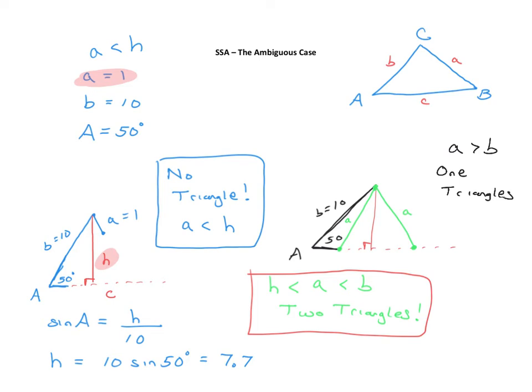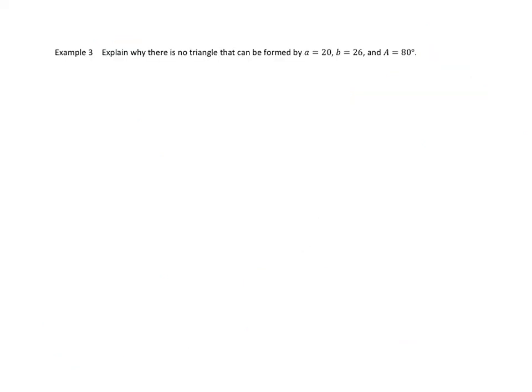Now this is fairly abstract, and I think it would be helpful to look at this in a couple of examples. So here in example 3, explain why there is no triangle that can be formed by a side length of A equaling 20, B equaling 26, and an angle A of 80 degrees. So I'm going to do my best to try to draw a picture for this. I like drawing the angle first.